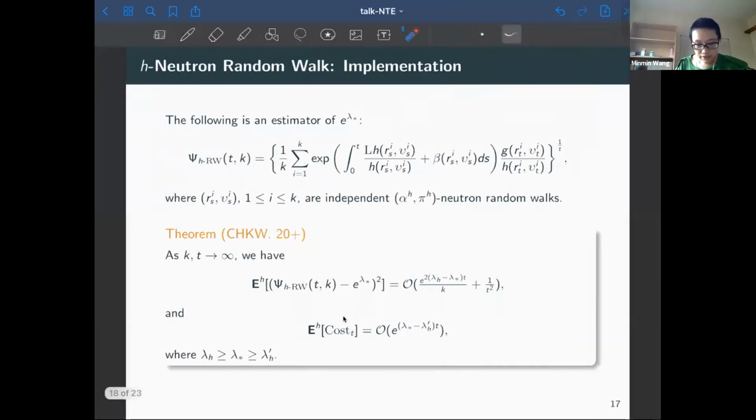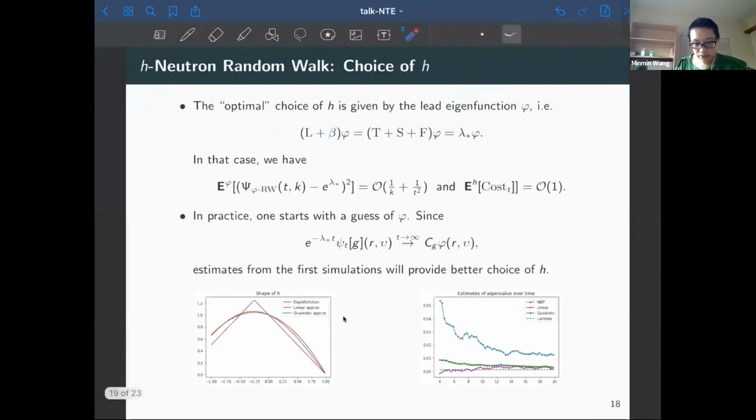One of these cases is where you take h to be the lead eigenfunction phi. In that case, the convergence rate, or the mean squared error, has this rate. If you recall, this actually corresponds to the rate in the supercritical case of the neutron branching process.